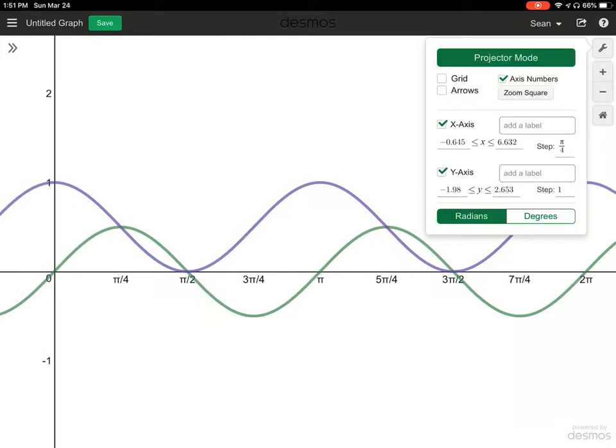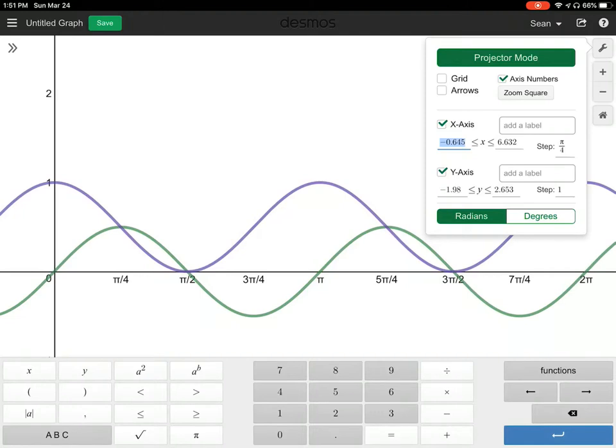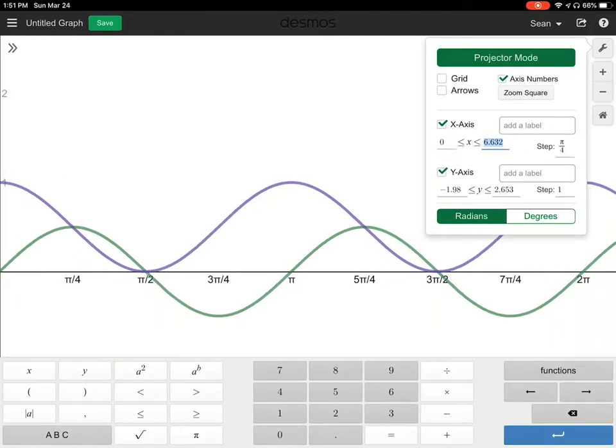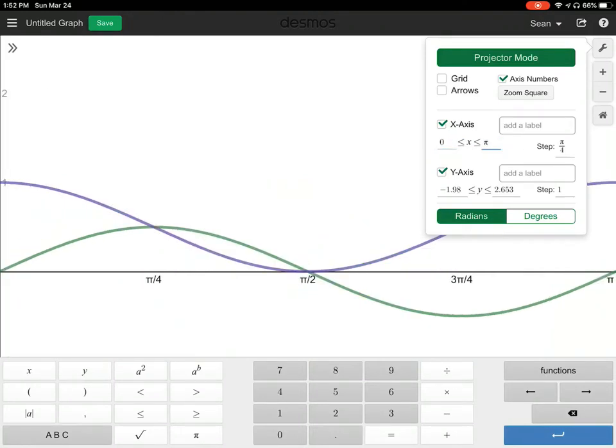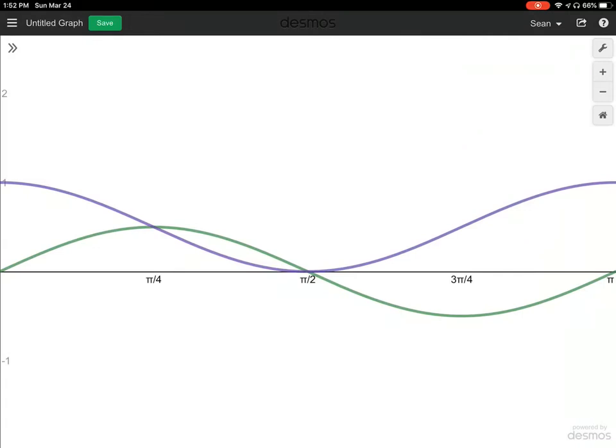Now this is supposed to be graphed from 0 to pi. And then we're looking for points of intersection. There's a point of intersection. There's a point of intersection, which is saying pi over 2 and pi over 4, which are the answers that we got.